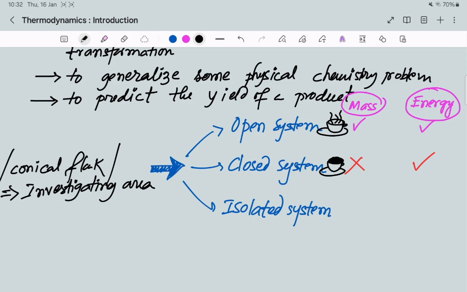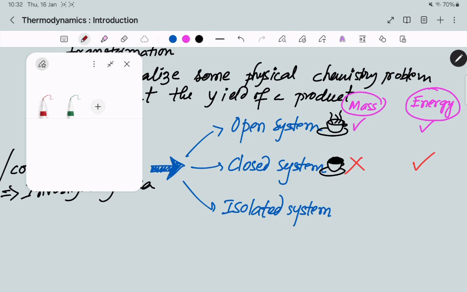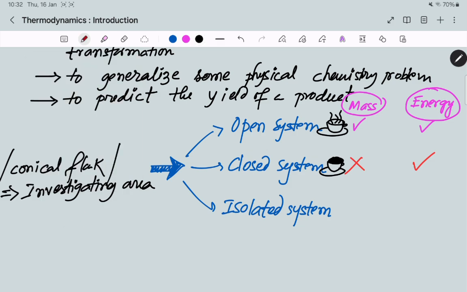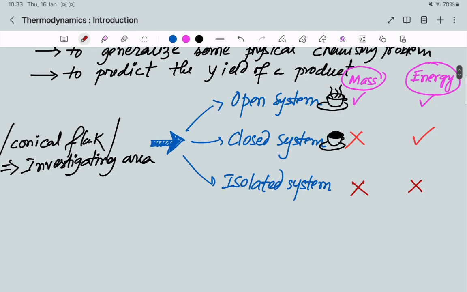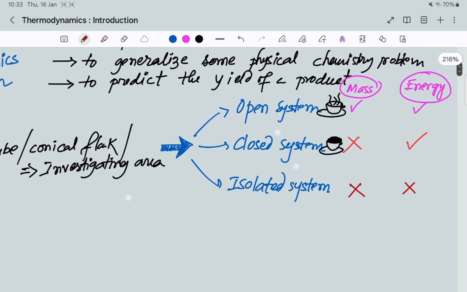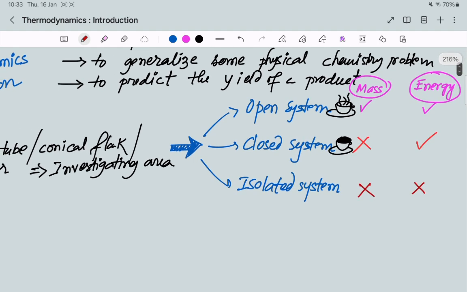Now for an isolated system, we are controlling both the exchange of mass and energy. That means mass and energy can't be transferred between the system and the surroundings. Then it is known as an isolated system.